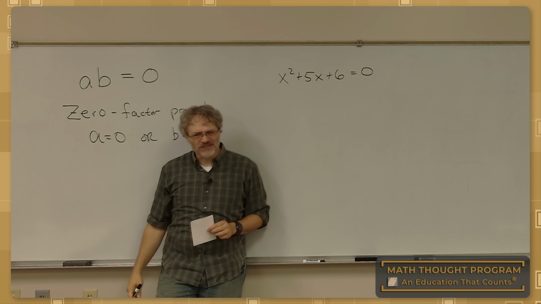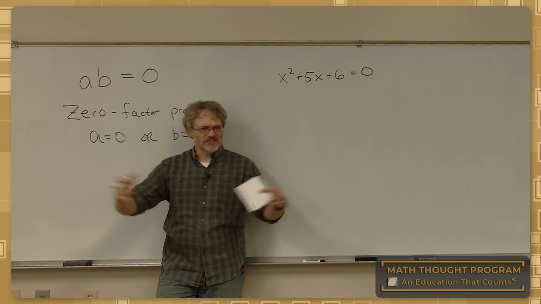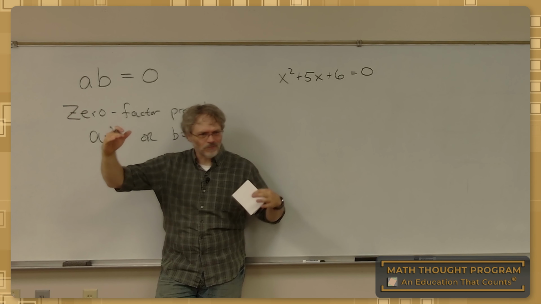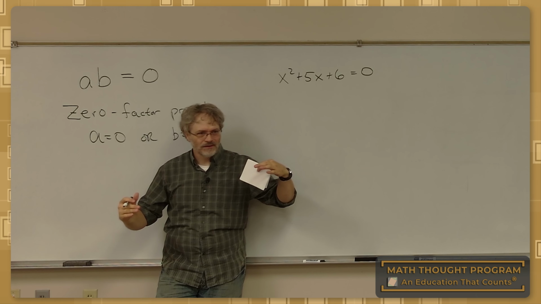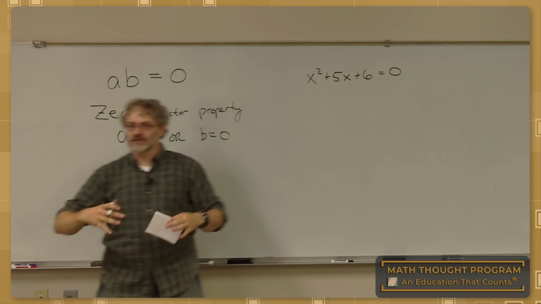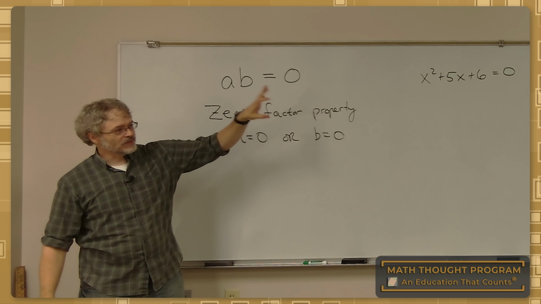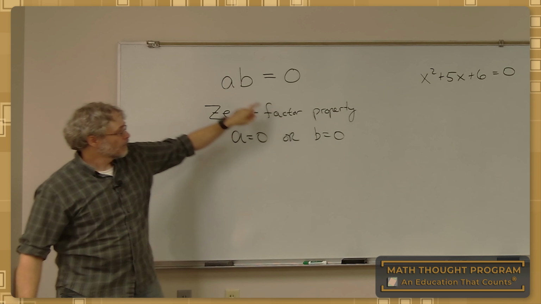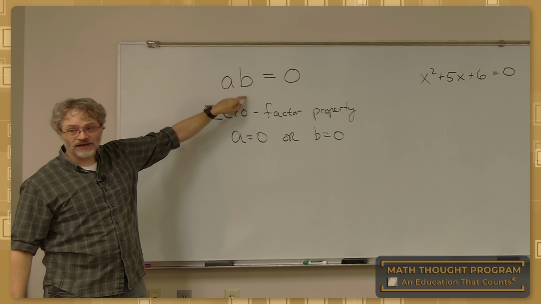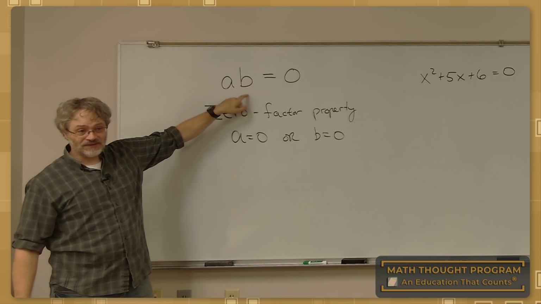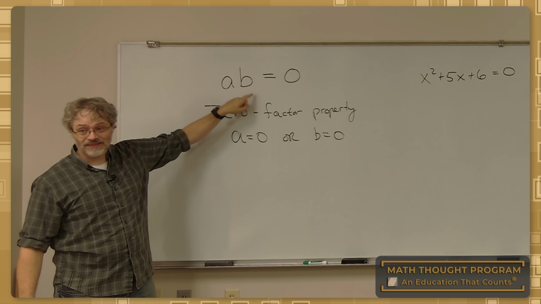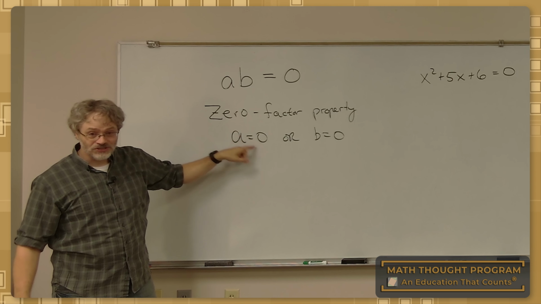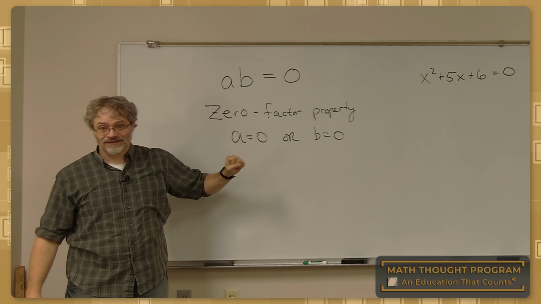Set of instructions? I don't see any set of instructions up here, like step 1, step 2, step 3. It's all baked into the equation, though. What you have to do is take that equation and make it look just like that. If it doesn't look just like that, you can't do just like that.